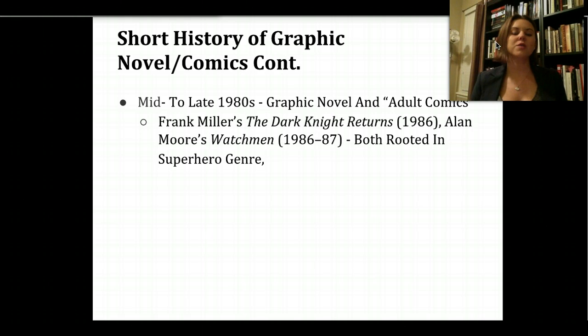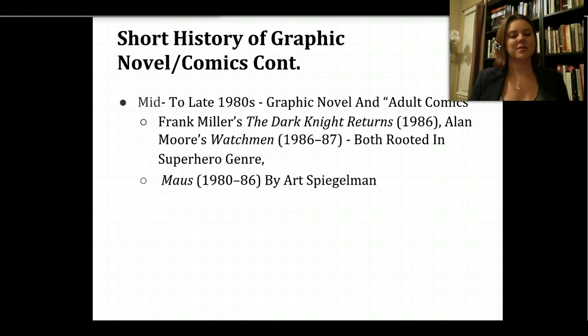Alan Moore's Watchmen as well. It's a very bloody and violent text, as well as quite intellectual, and so it becomes ones that we want to investigate. However, both of these are giving nods to the previous comics because they're both rooted in that superhero genre that we were seeing in the 1930s really take hold.